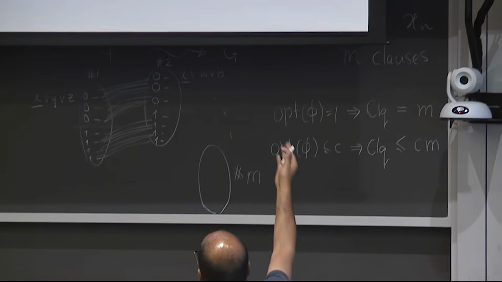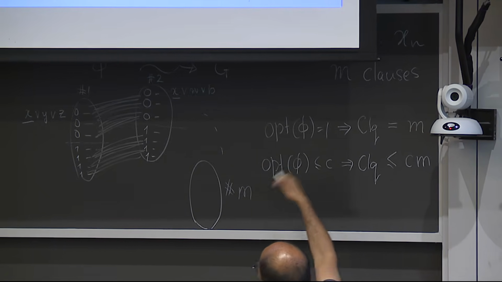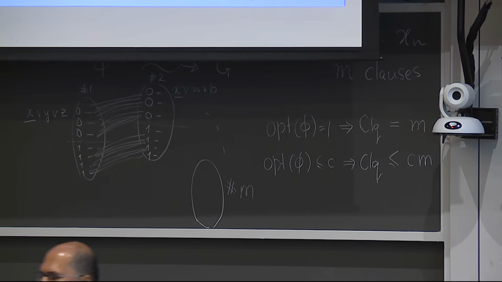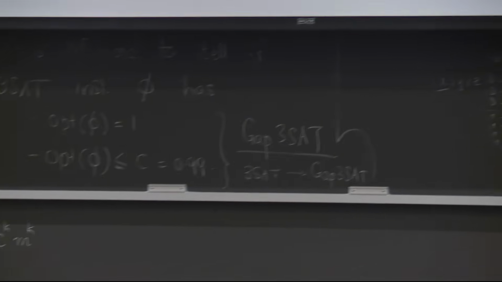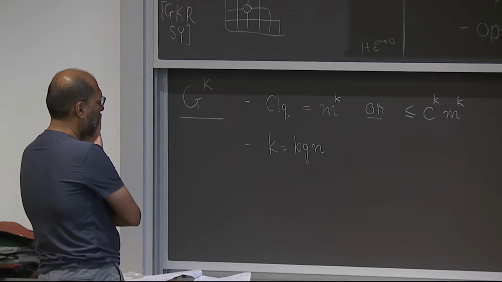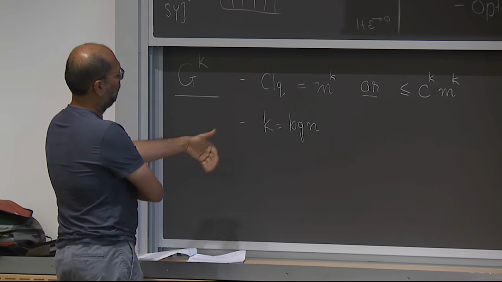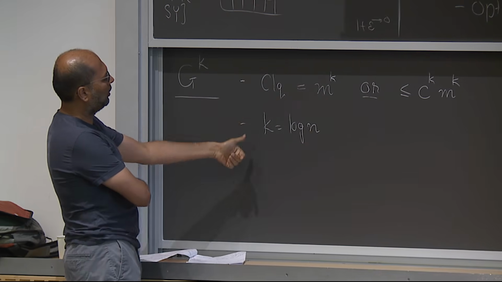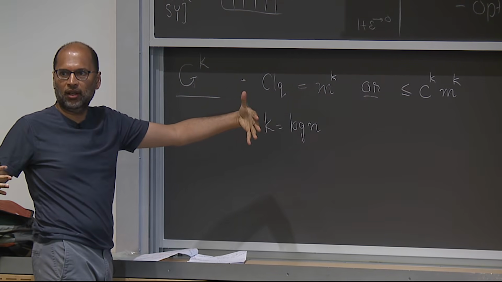Typically, in all these reductions, you can always assume that the number of vertices and the number of edges are all linear in each other. So if you take K equals log n, you would even get a hardness factor which is a function of n. But then you want to express it as a function of the size of the graph, which also keeps blowing up, right?